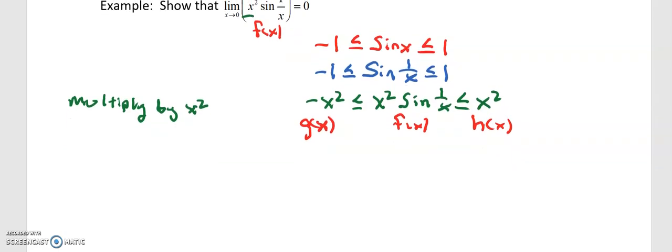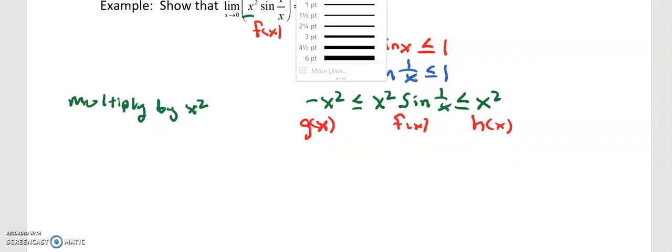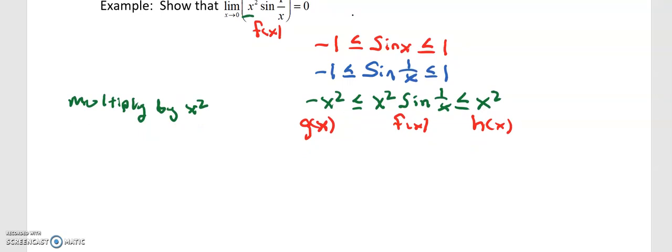All right, and so let's see how this plays out in this statement that I'm going to make. So this is going to work as long as the limit of negative x squared as x approaches 0 and the limit of x squared as x approaches 0 both give me the same value, and they do. So since the limit as x approaches 0 of negative x squared.